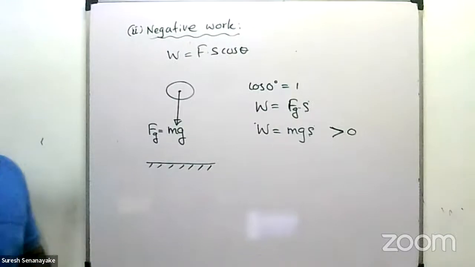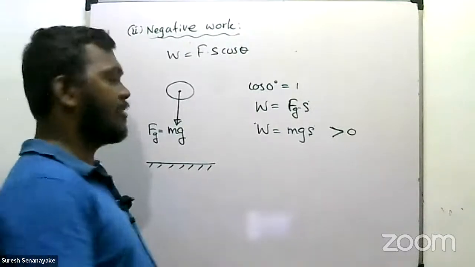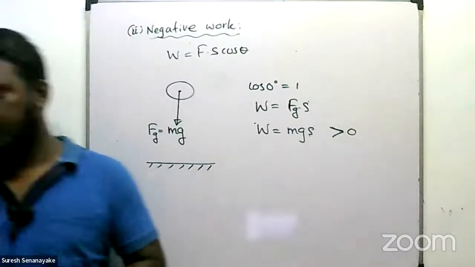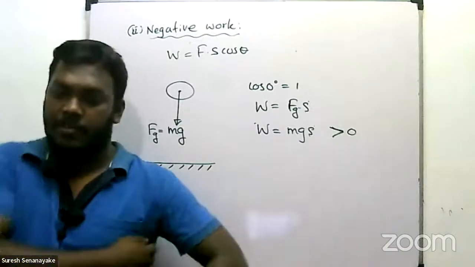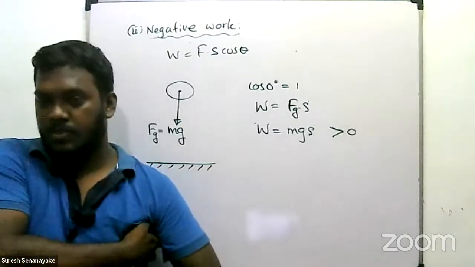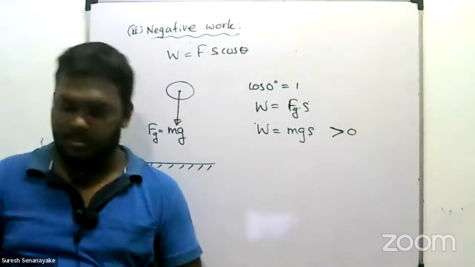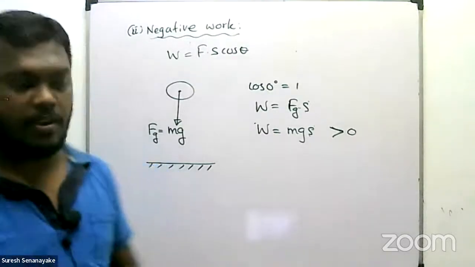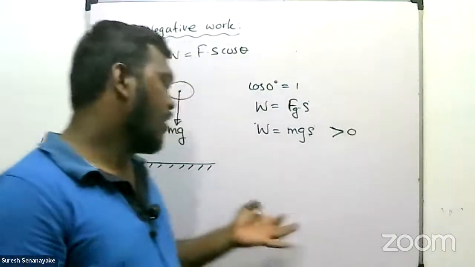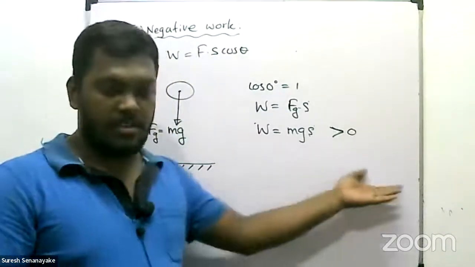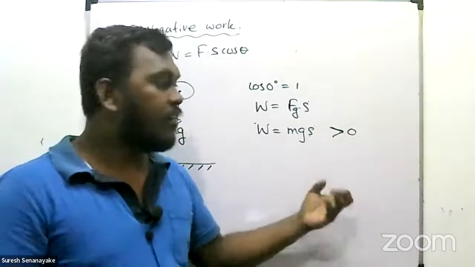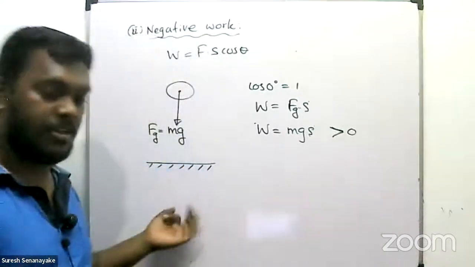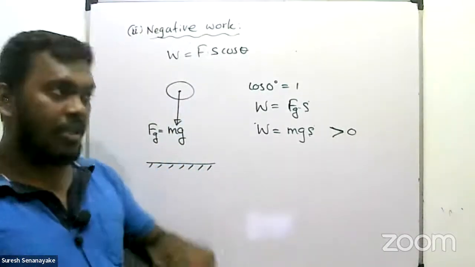Negative work means that when the angle is greater than 90 degrees, we can say that's negative work. Negative work done means actually the energy of the system reduces. So negative work is done when the object moves in this direction and, you know, the frictional force acting on the body is opposite. It does negative work.